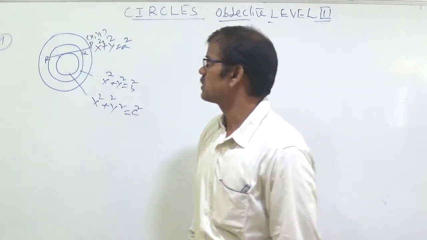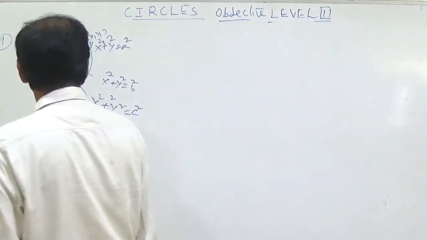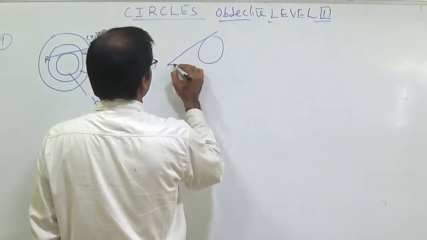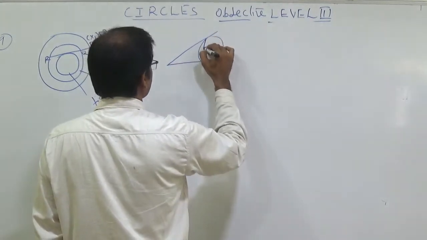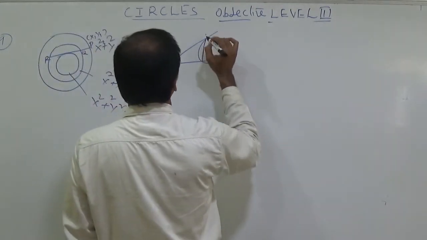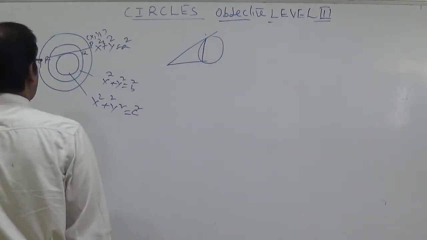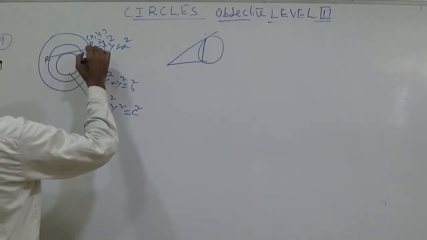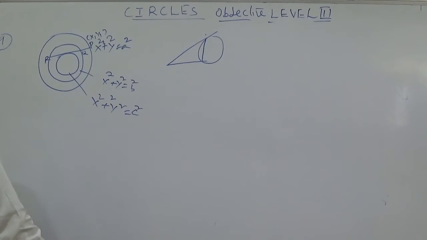So what is meant by chord of contact? From an external point, if we draw 2 tangents, the line joining the points of contact is called a chord of contact. So this is P. From P we have drawn 2 tangents. So the 2 tangents form a chord of contact.